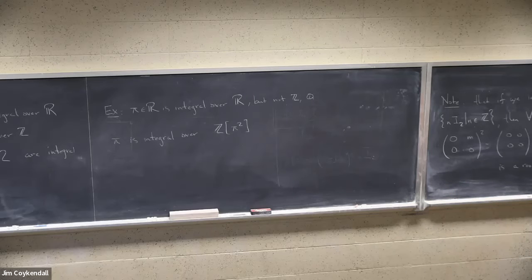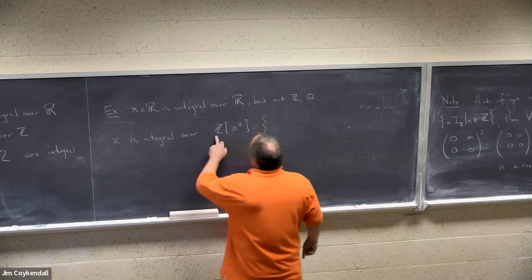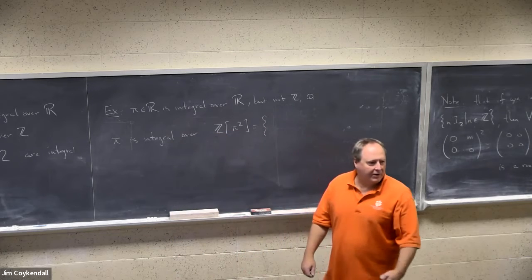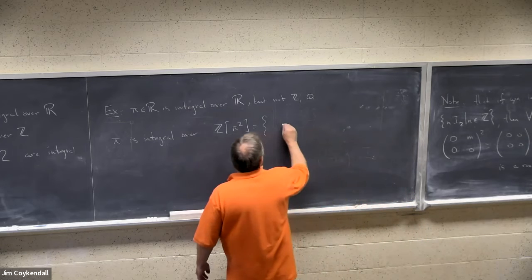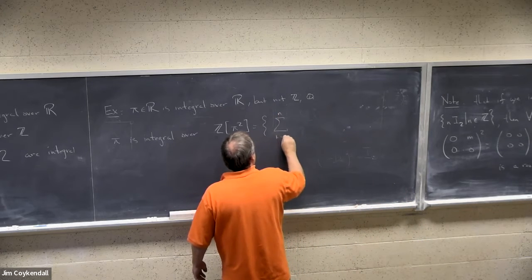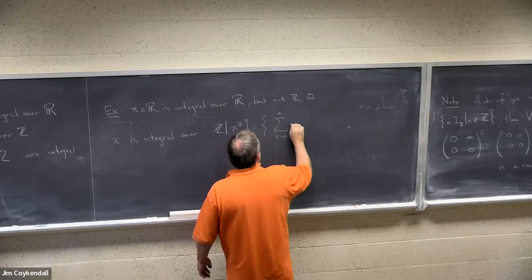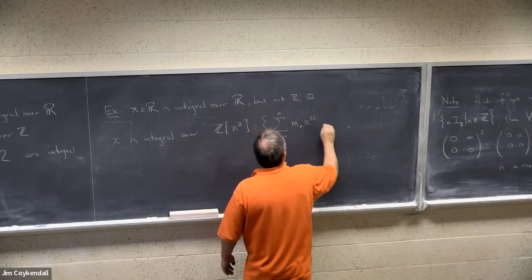Notice that what this is, let me kind of familiarize you. This is the smallest ring that contains all the integers and also the element pi squared. So a typical element of this is all sums that look like this, sum of m_k pi to the k.